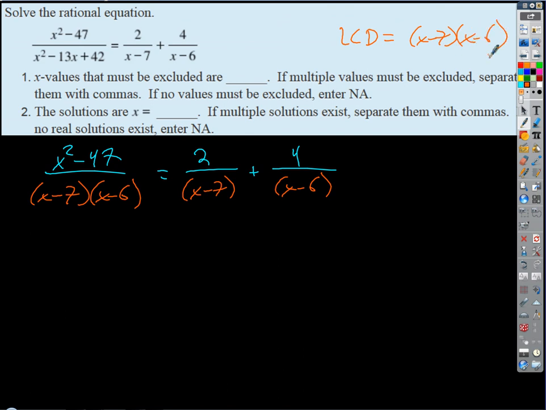Okay, before we go any further though, what are the excluded values for part 1? 7 and 6, yeah. In this case, they just want the values, so 7 and 6.